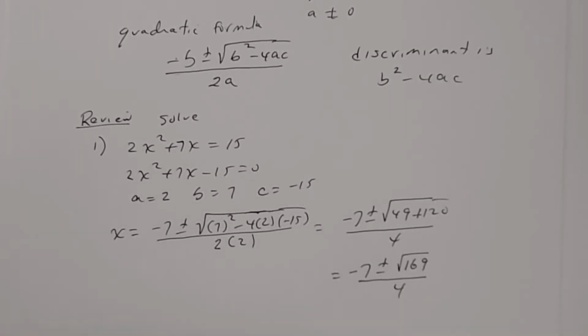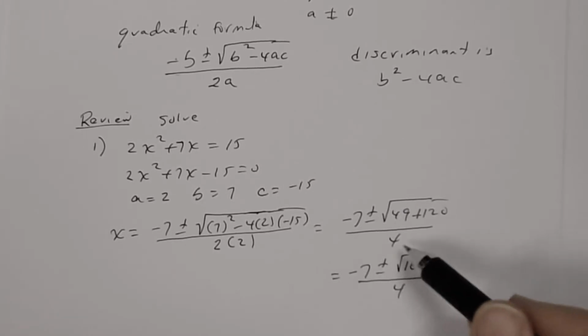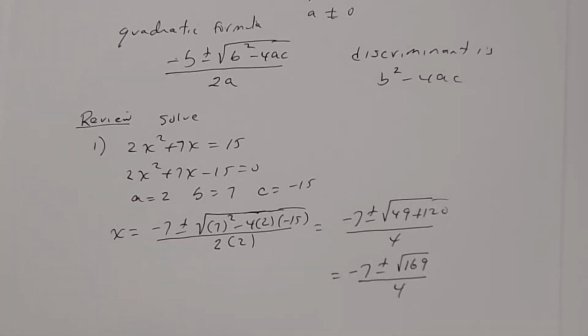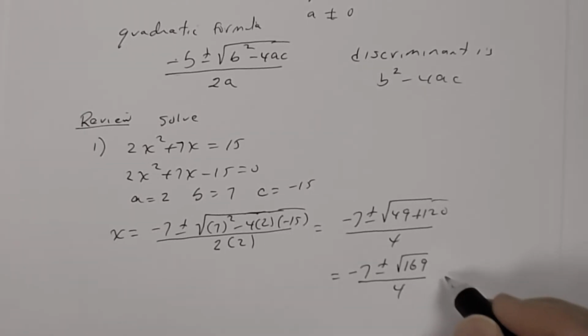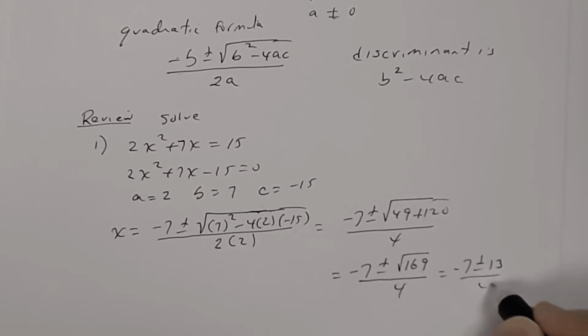And so this became negative 7 plus or minus the square root of 169, divided by 4. And at that point, if you recall, we asked ourselves, is 169 a perfect square? Because if it is, you want to simplify this. So 169 is a perfect square, and the square root of 169, if you don't know by chance, is 13. So we get negative 7 plus or minus 13, divided by 4.